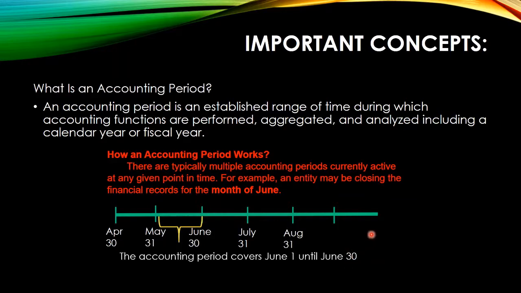When will you render the service? On July 1. Therefore, that particular income should be included in July, not in the month of June, because our service is to be rendered in the month of July. Even if the difference is only 1 day, take note, you will render the service on July 1, regardless of when the money is received. That is the application of our accrual concept.